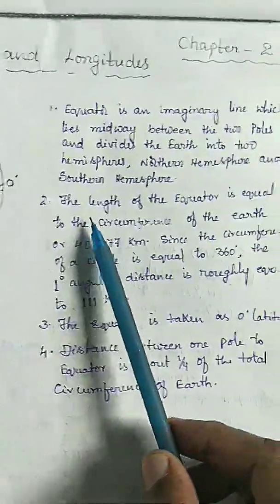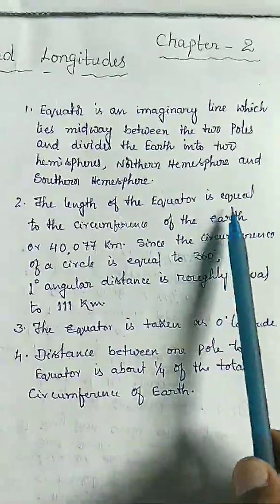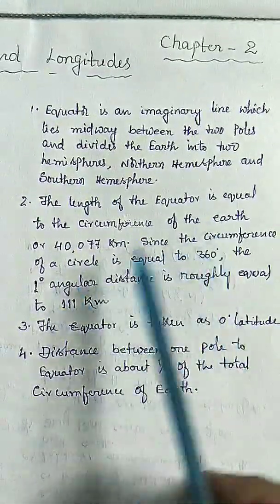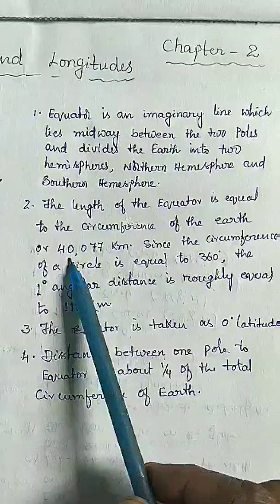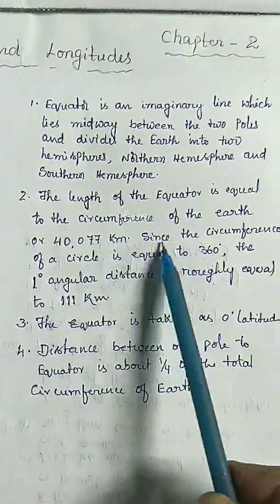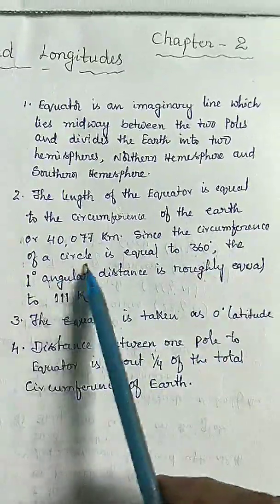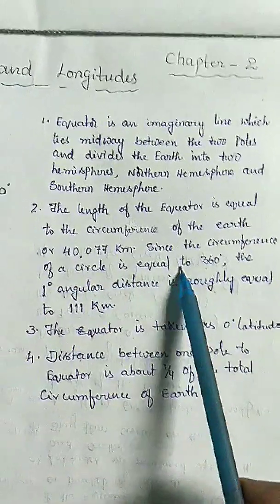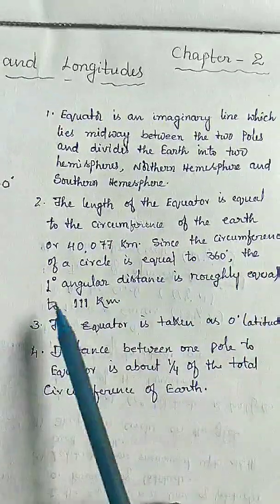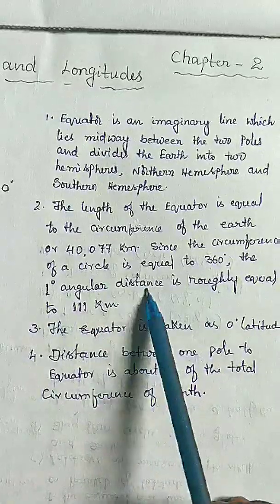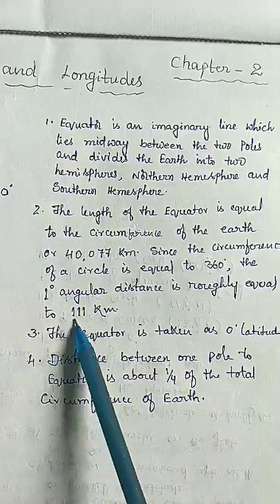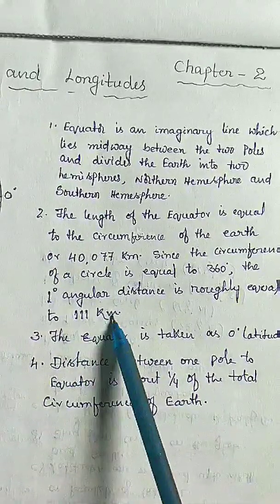The length of the equator is equal to the circumference of the earth or 40,077 kilometers. Since the circumference of the circle is equal to 360 degrees, the 1 degree angular distance is roughly equal to 111 kilometers.